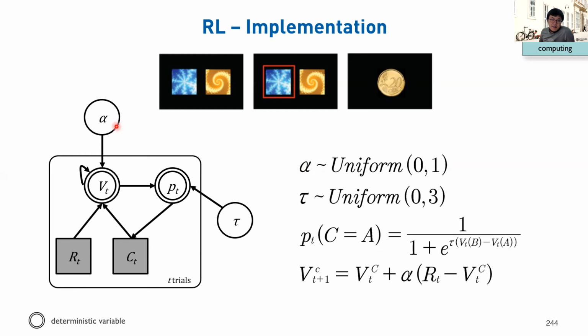Great. And because we are doing Bayesian statistics, we need to have priors for all of the parameters, right? Here we have two parameters, alpha and tau, and we need to specify their prior distributions. For the learning rate, it can just be a uniform distribution between 0 and 1, and tau is another uniform distribution between 0 and 3, okay? You might wonder why we use a lower limit of 0 and an upper limit of 1, and why for tau the lower limit is 0 and the upper limit is 3.